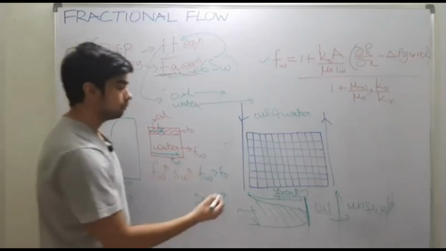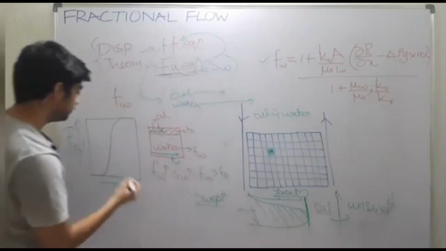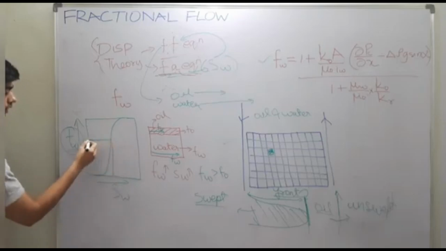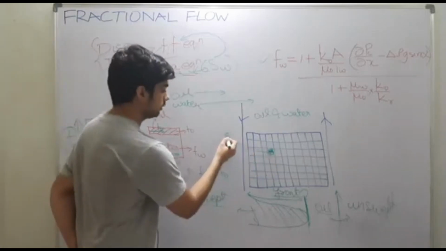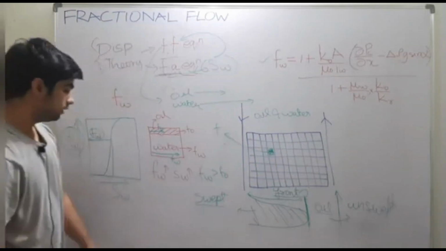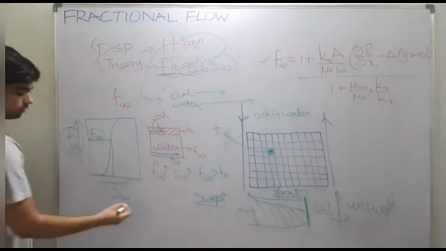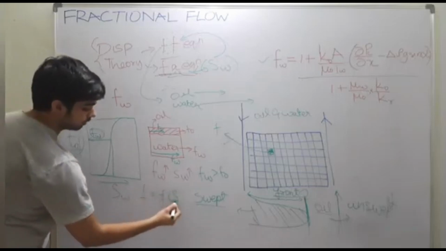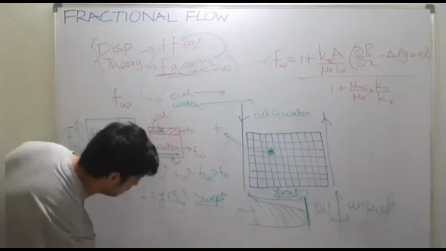So when you are able to calculate the saturation, let's say at this point, with the help of this graph you will make a plot and determine the corresponding value of fractional flow at that particular point. So fractional flow is a function of saturation, and that is not exactly represented in the equation.